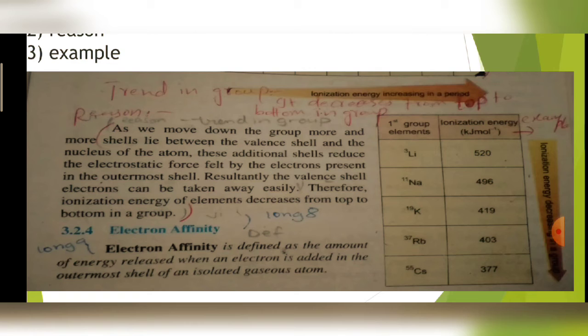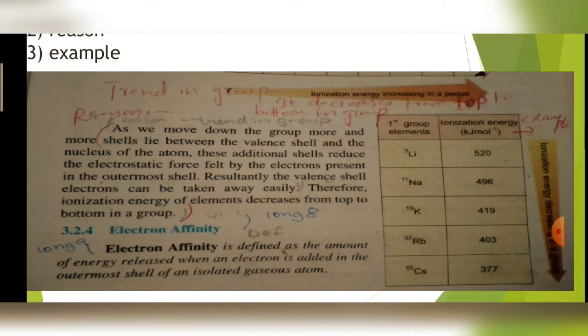As the number of shells increases, the distance between the outer shell electrons and the nucleus also increases, and due to the presence of more inner electrons, the effective nuclear charge is reduced by the shielding effect.